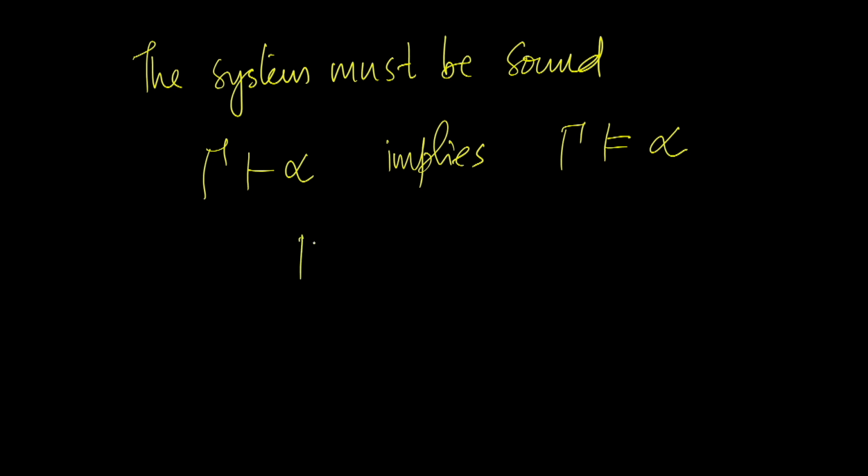So if there exists a proof culminating in alpha within this system, where any of these statements is either an axiom or follows from two of the previous statements by modus ponens, then alpha is provable, and then we would like to argue that alpha is a logical consequence of gamma. So this is when we would say that the system is sound.